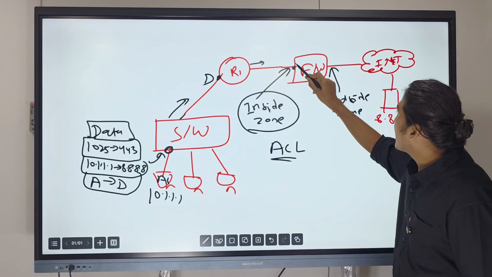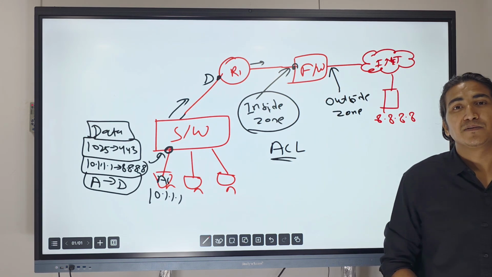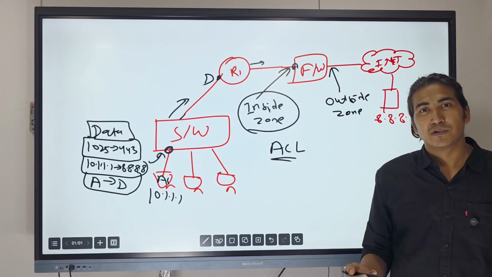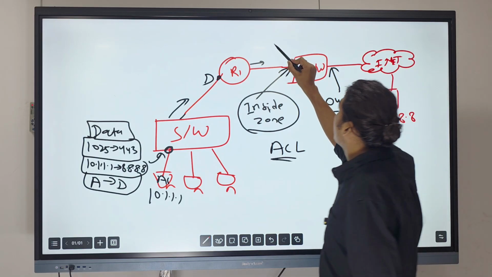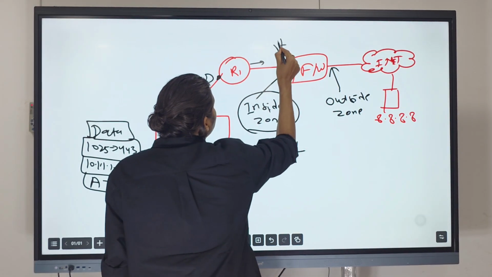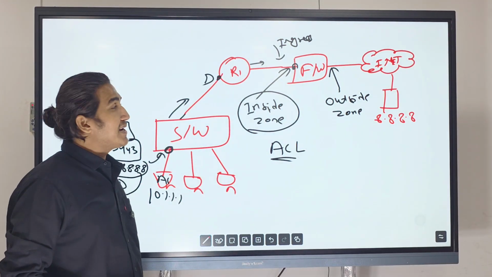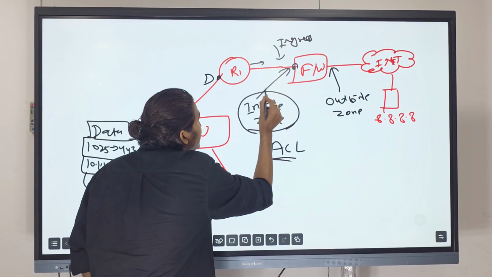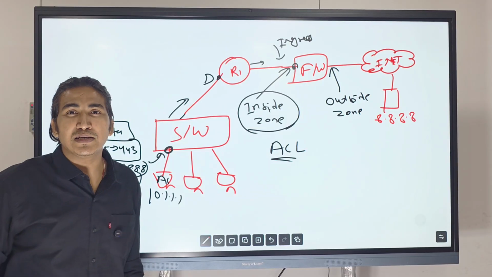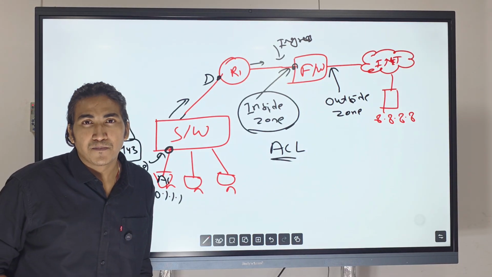The interface where I am receiving the traffic is in which zone? This is called the ingress zone. Right? So the ingress zone is the inside zone.